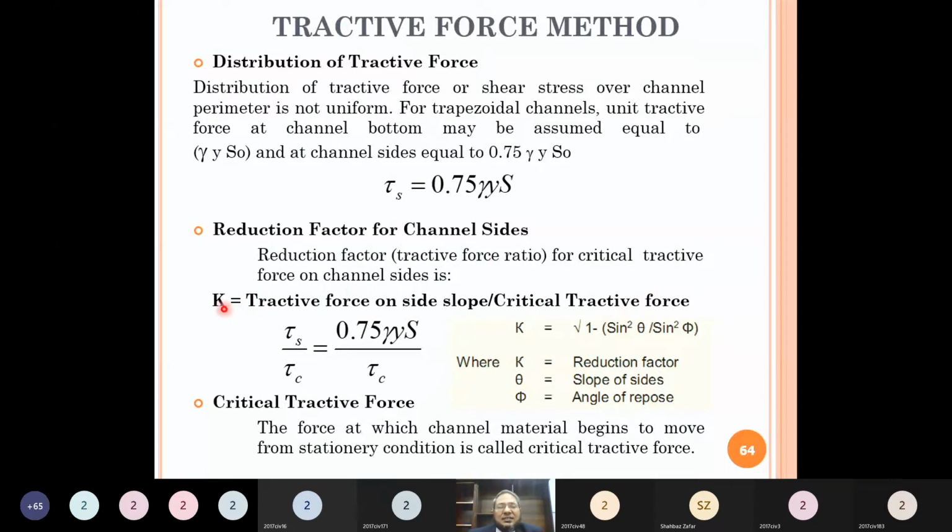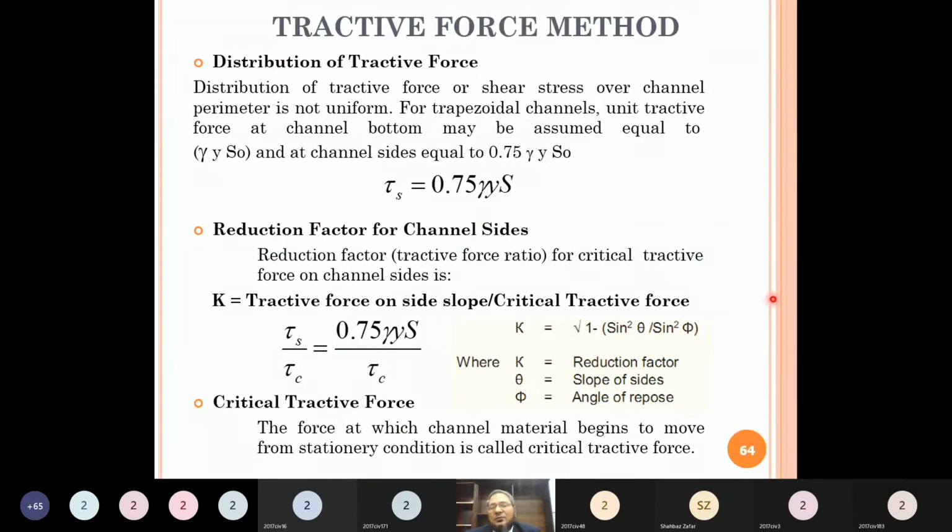This is the tractive force on the sides, and this is the tractive force at the bed. This is 0.75 times gamma y s, and this is the critical tractive force. So this ratio K we can determine like this.